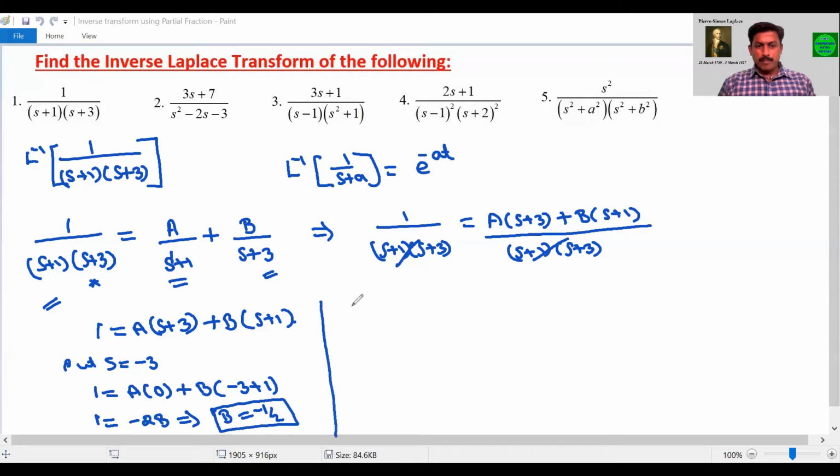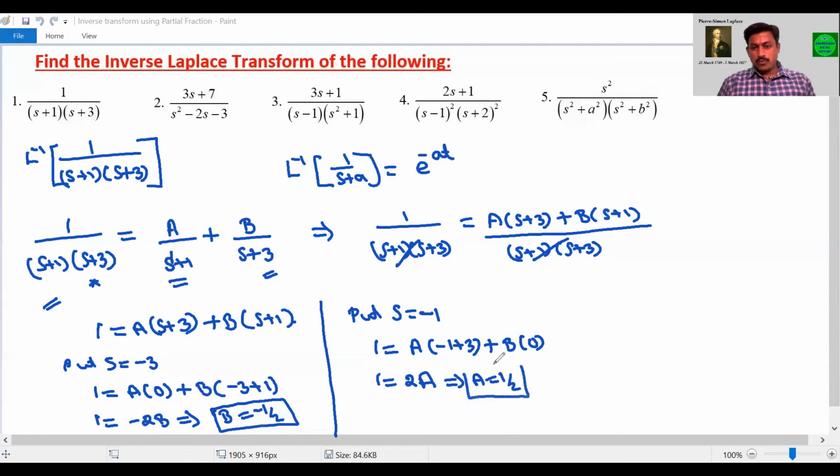We have to make the b term 0 by substituting the s value. If you put s equal to minus 1, the b term will become 0. So put s equal to minus 1 in that equation. We get a into (minus 1 plus 3) plus b into (minus 1 plus 1) is 0. Therefore, 1 equals 2a, which implies a equals 1 by 2.